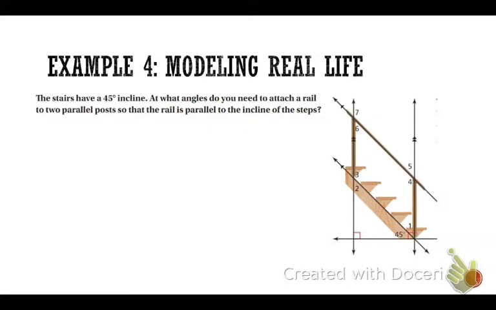So my whole goal is to figure out what these angle measurements need to be to set that rail exactly parallel. All right, angle 1's going to help me get there. Okay, angle 1 is 45 degrees. All right, so I'm going to look at these two sets right here because this transversal is cutting through those two parallel lines.